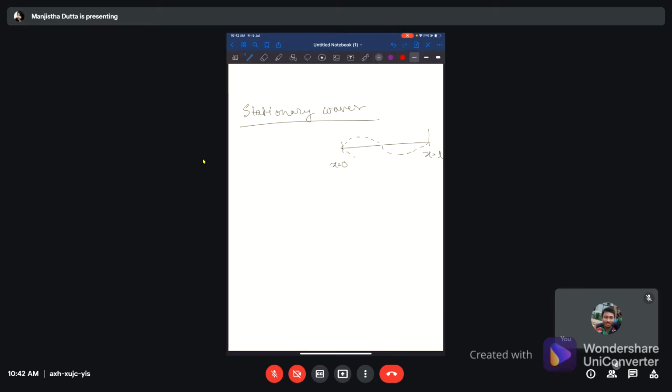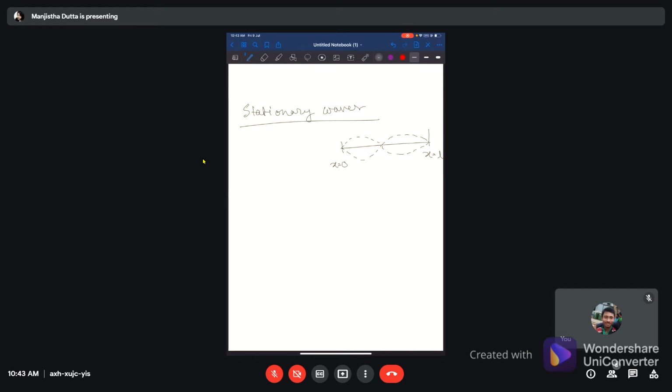So this is the second mode, right? The n equal to 2 mode I have drawn over here. We have already discussed how it is generated.